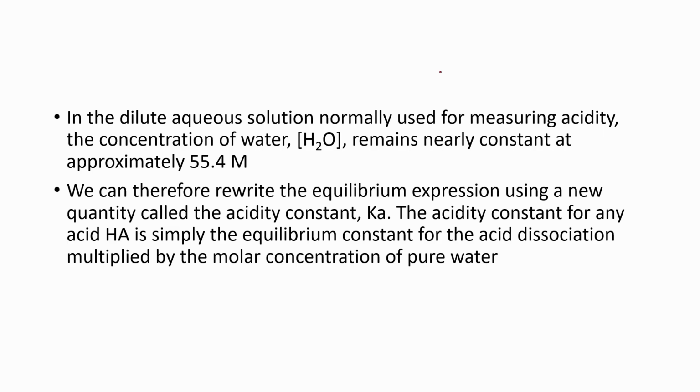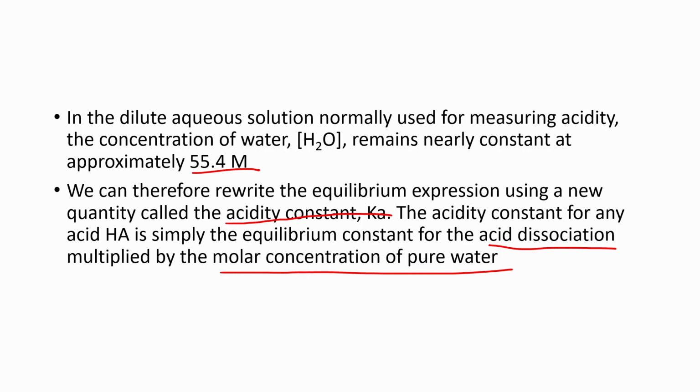In the dilute aqueous solution normally used for measuring acidity, the concentration of water remains constant at approximately 55.4 molar. Therefore, we can exclude this from our expression, and create a new constant, our acidity constant, Ka. The acidity constant for any acid HA is simply the equilibrium constant for the acid dissociation multiplied by the molar concentration of pure water.